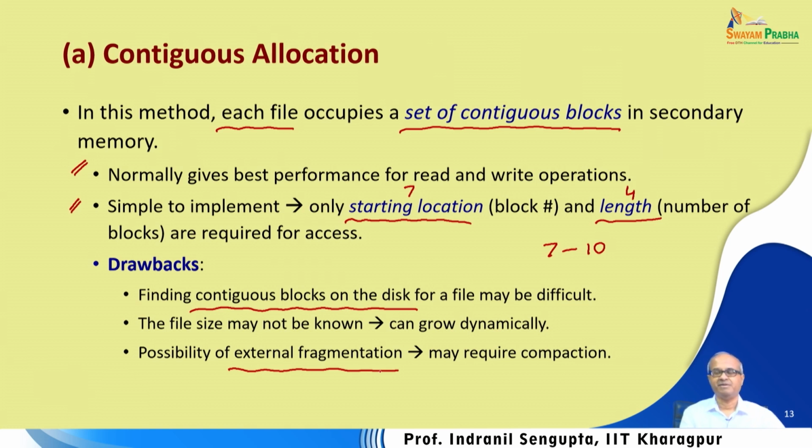So, sometimes you may need to perform a very expensive operation, disk compaction, and during disk compaction all the other operations have to be suspended, because while disk compaction is going on, no other user programs can be running, they have to be stopped altogether. Okay. This is one.